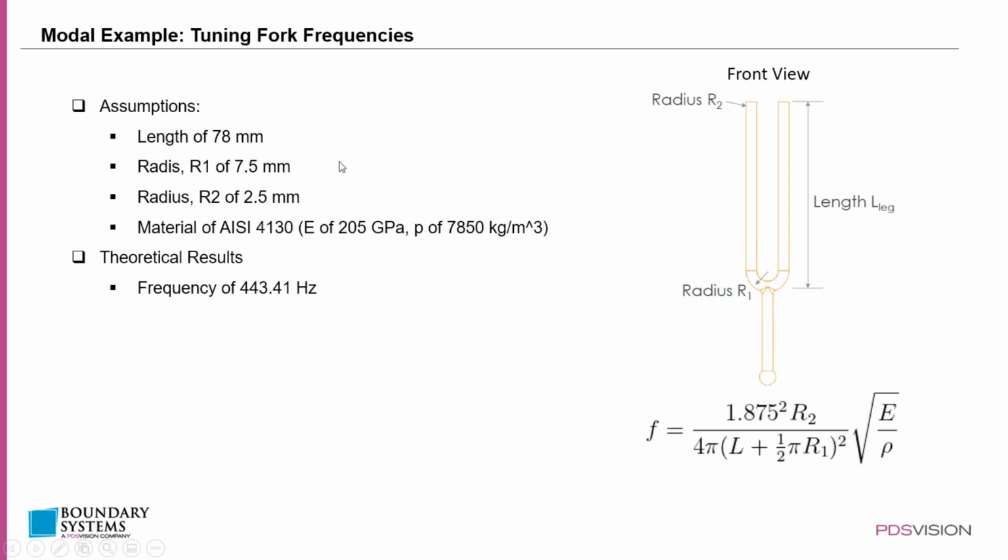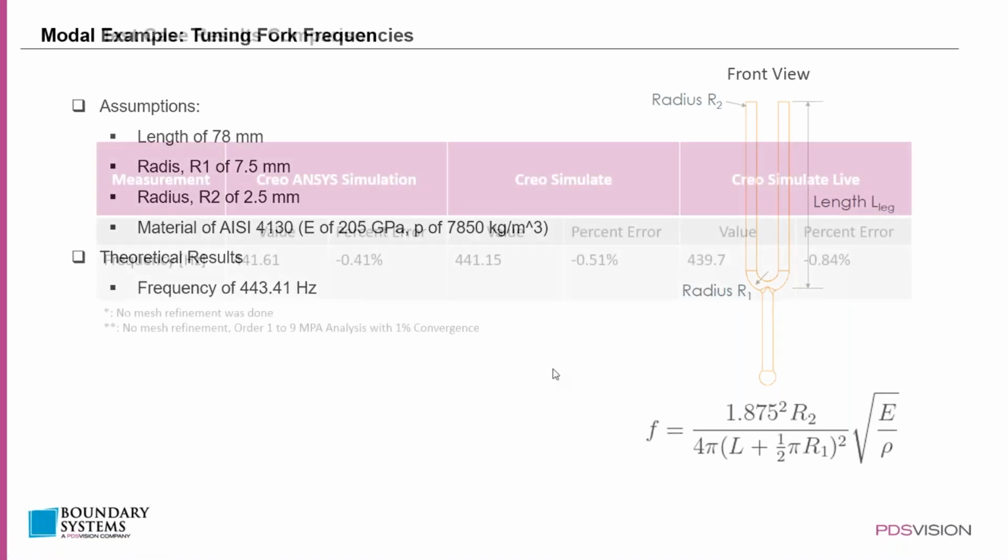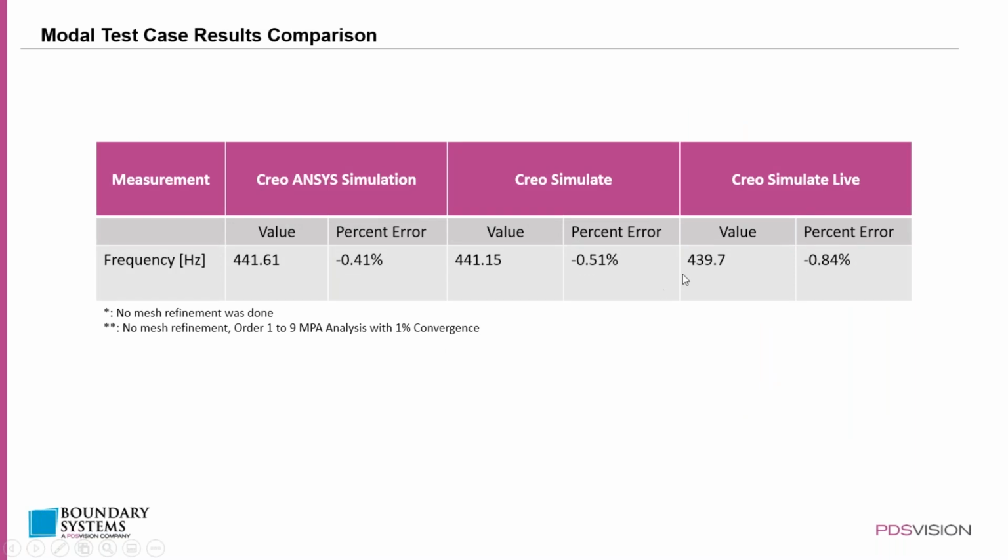Lastly, one more example. We have a modal example. So this is once again just an idealized example. We calculate what the frequency theoretically should be using pen and paper. Then we're going to see the percent error across these three simulation software.